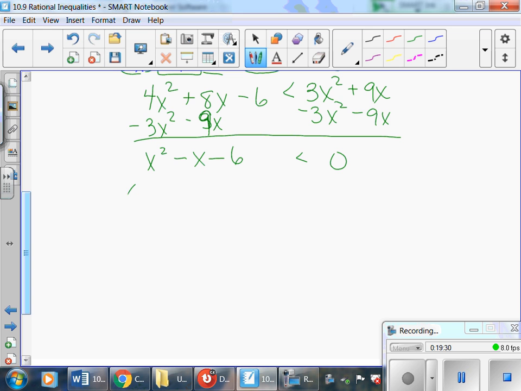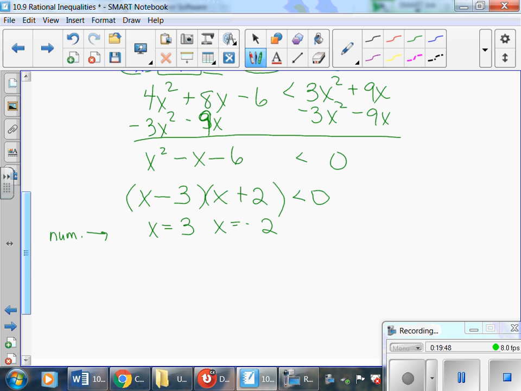So what do I have here? Now I have x minus 3 and x plus 2 is less than 0. So I have x is equal to 3 and x is equal to negative 2. In other words, these are my numerators where they're equal to 0. So they're going to be 2 of my critical points, at 3 and negative 2.